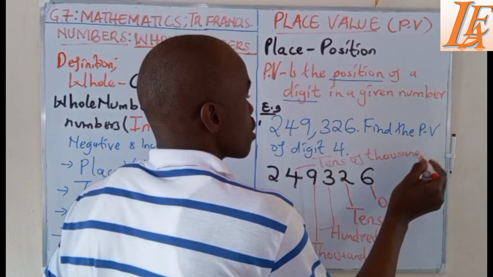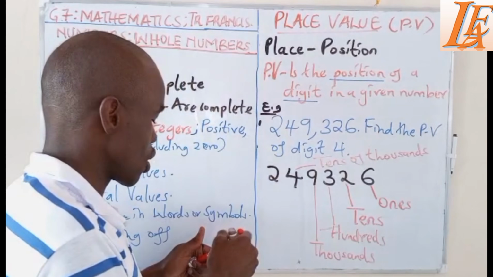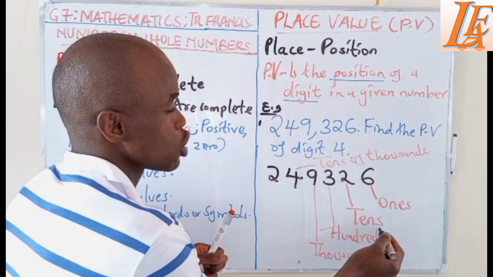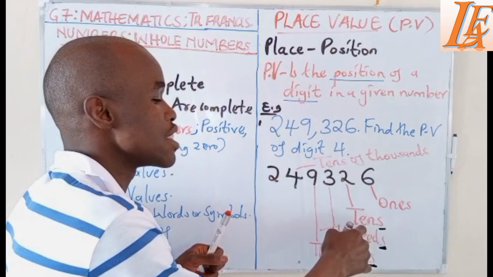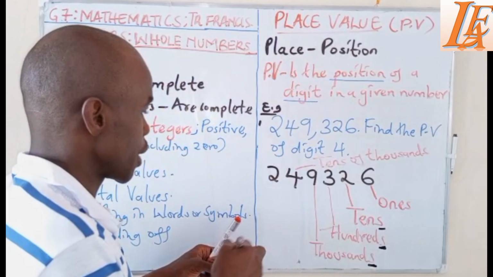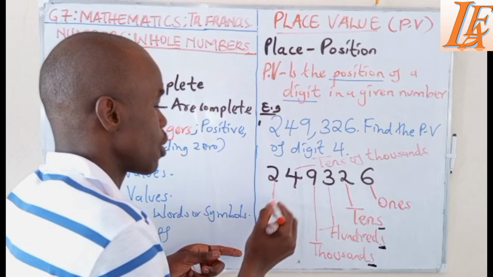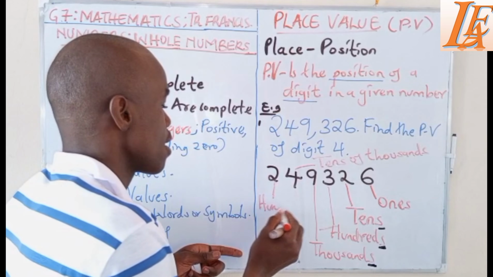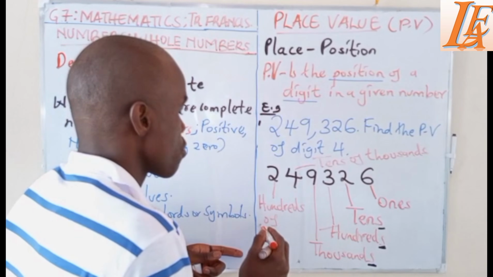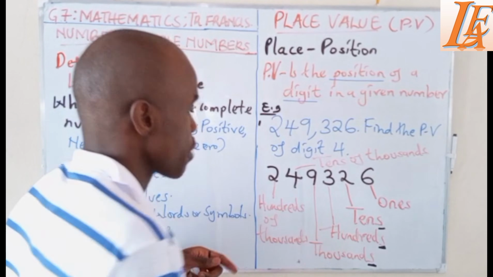The S we see here tells us of the position. The moment you remove the S, it is no longer a place value, it is a number. Then we come to the last digit, 2, which is in the place value of hundreds of thousands.